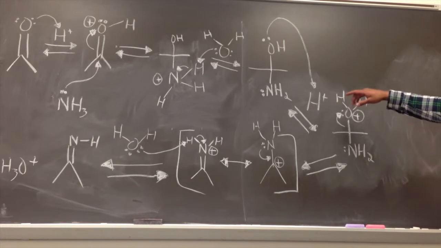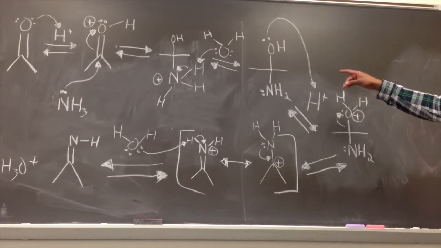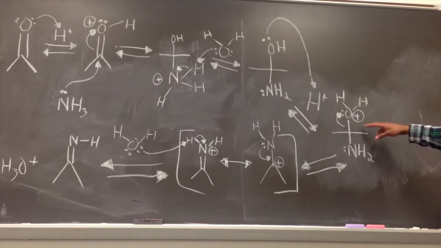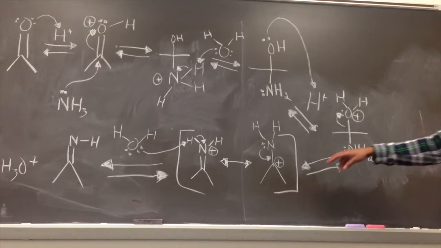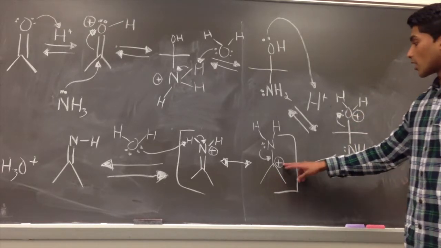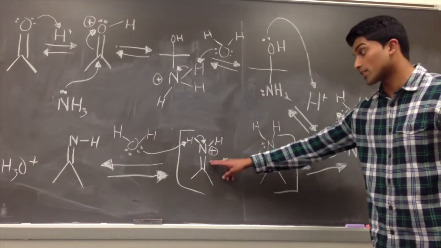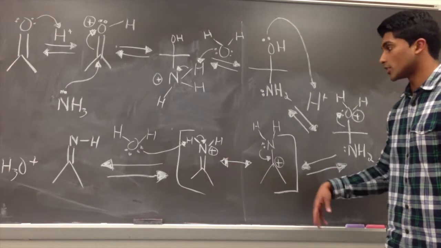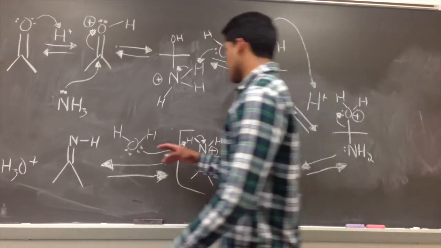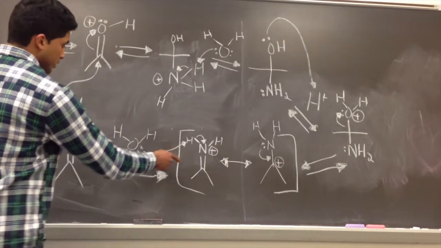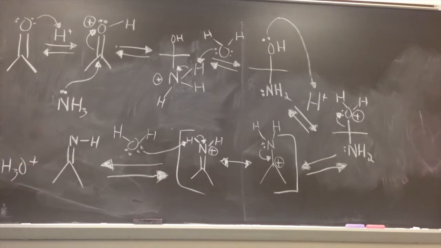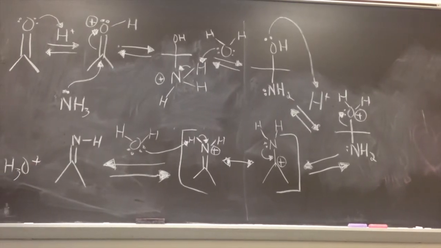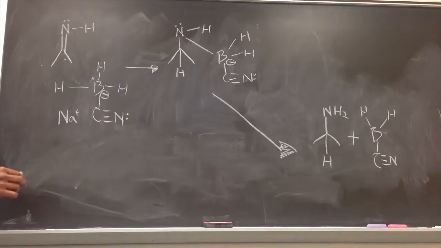In order to create a leaving group, the alcohol group is protonated. It leaves and creates the resonance-stabilized carbocation and major resonance structure, which is the double bond between the carbon and the nitrogen. Water comes in, deprotonates the nitrogen, and it forms the final imine structure and an acid byproduct.